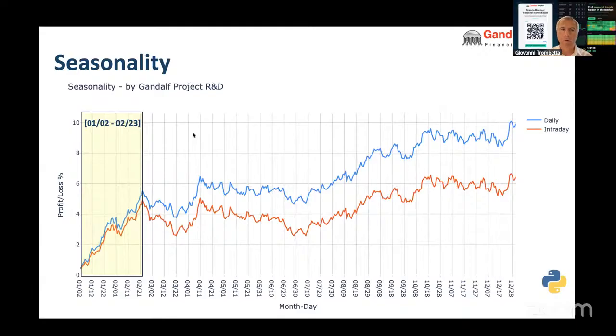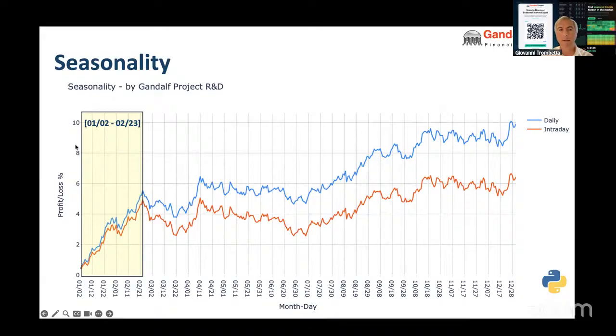If we enlarge one of the pictures I showed you on the slide before, you can see, again for gold futures, which is the example I would like to make here, that from the 1st of January till, I would say, February, there is an evident behavior of growth in price for gold futures.